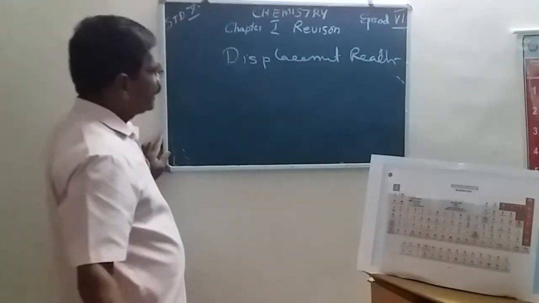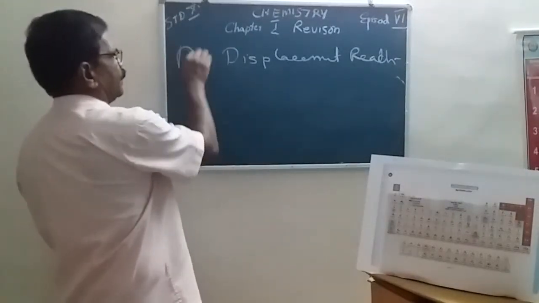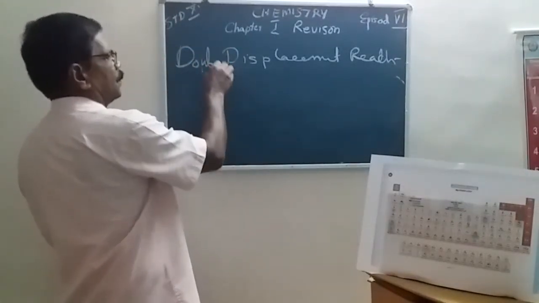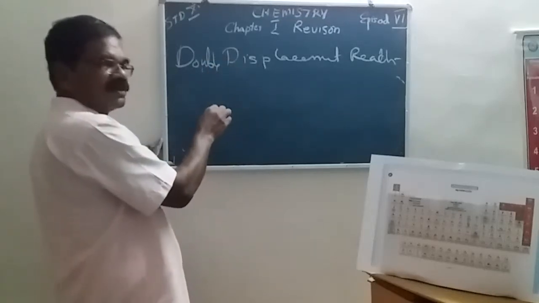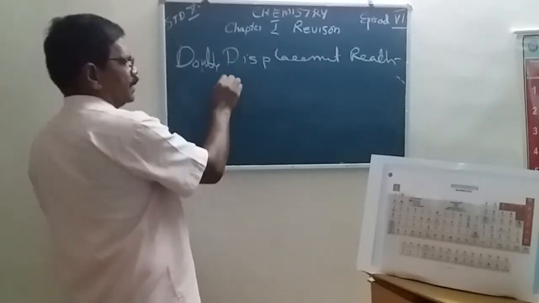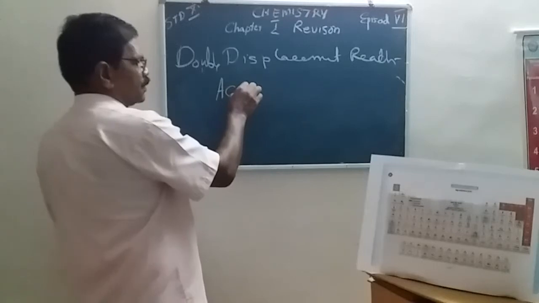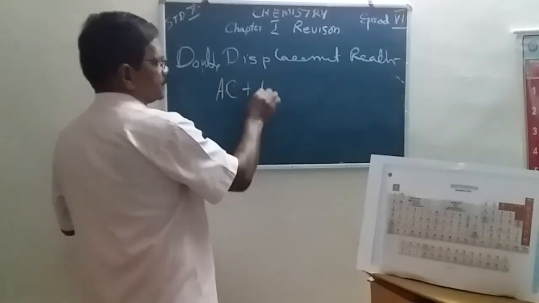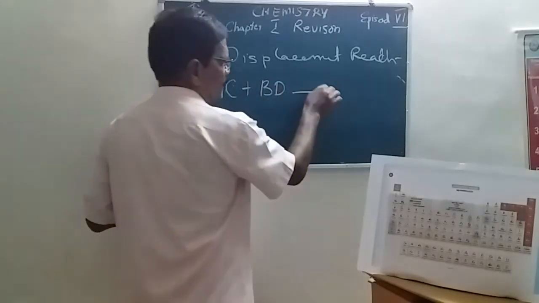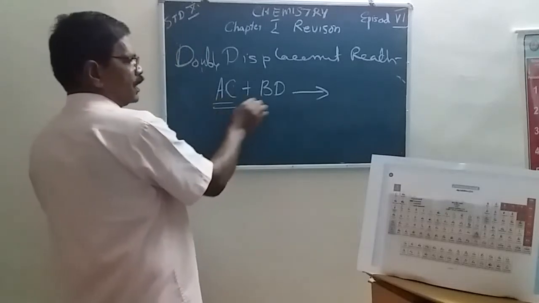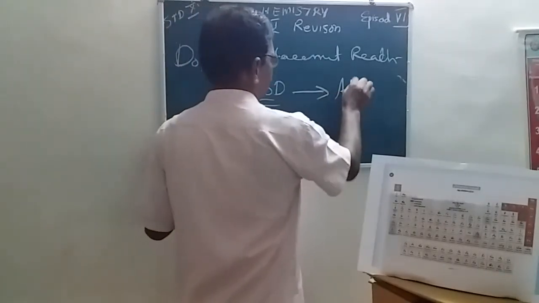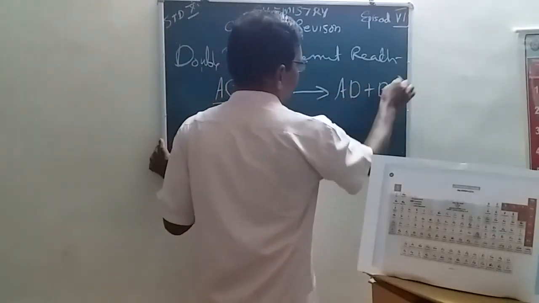Then there is the double displacement reaction. How can we define it? You can see the general formula AC plus BD, two components, each gives AD plus BC.